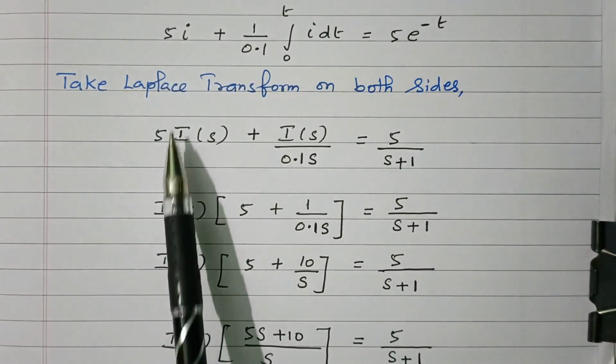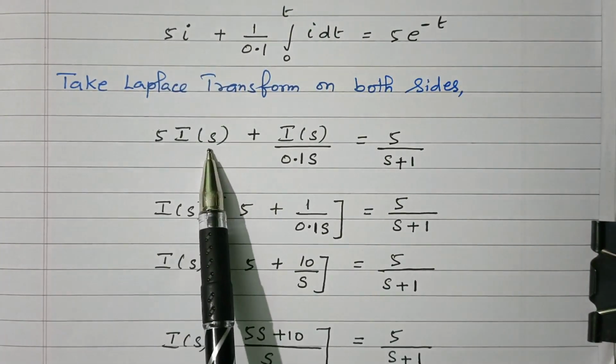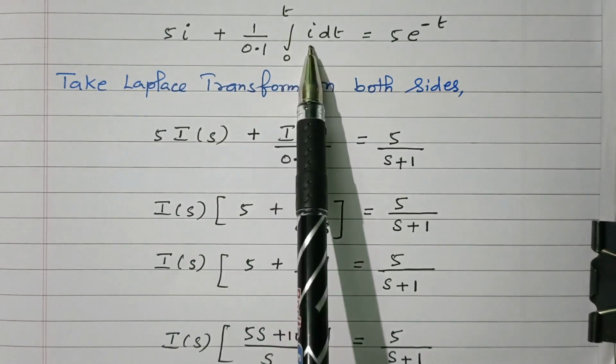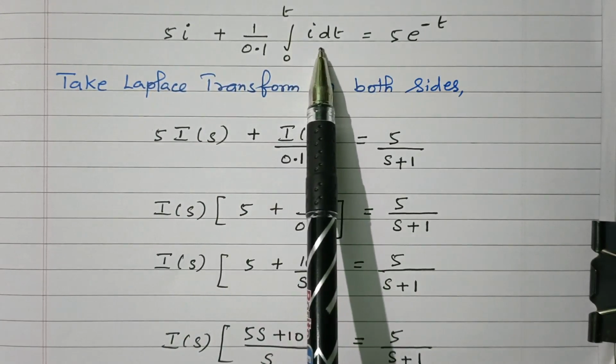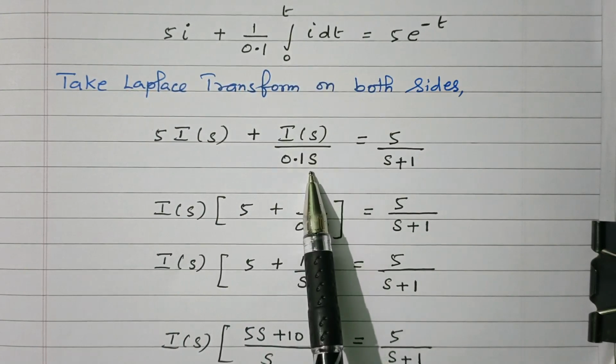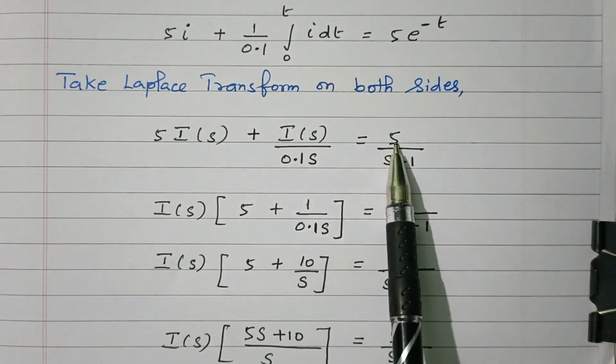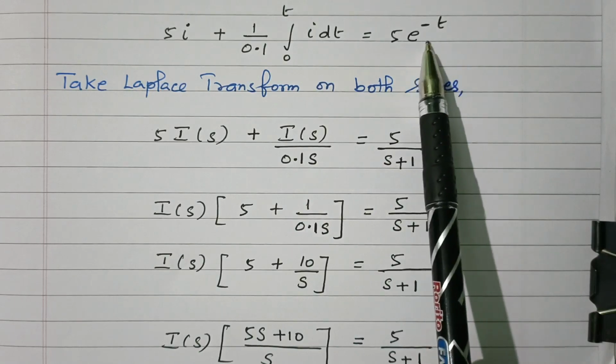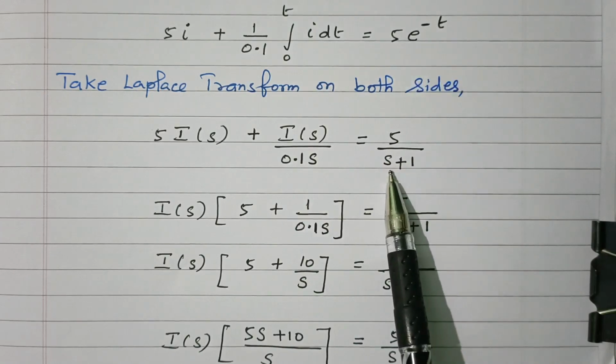So 5 is constant, Laplace of I is I of s, plus 0.1 is there, integral 0 to t I dt. The Laplace of this integral is I of s divided by s. That is equal to 5 is constant, Laplace of e power minus t is 1 divided by s plus 1.